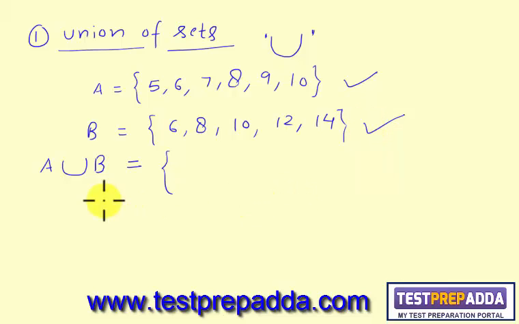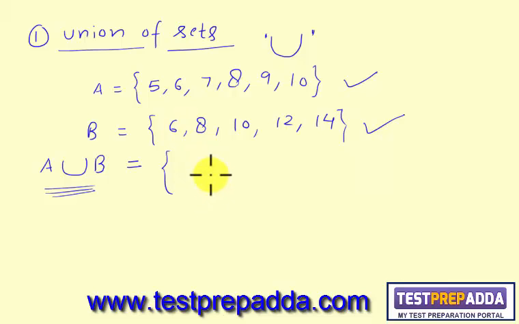Means it is the set of all possible elements which are in A and B. Please note that common elements are not repeated.